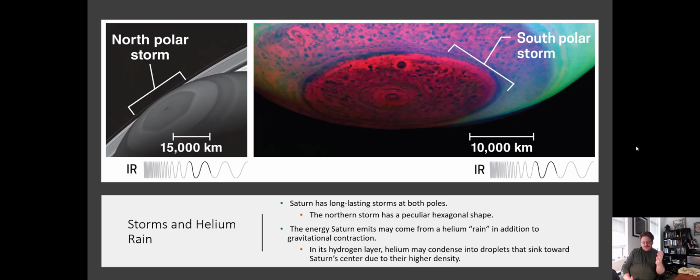Now, I mentioned there is another energy source instead of just gravitational collapse with Saturn. A great deal of the energy that Jupiter produces, more so than it gets from the sun, is because the planet is currently still compressing, which changes potential energy into heat. With Saturn, because of its lower temperatures, helium is actually able to condense into liquid.